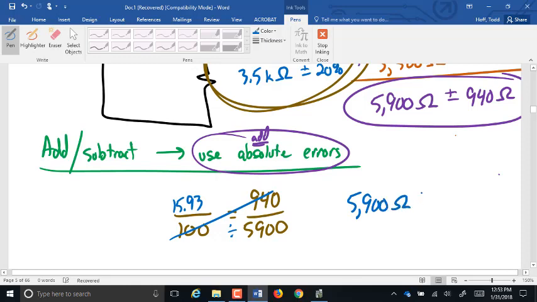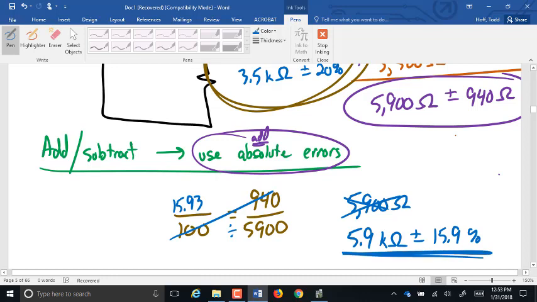So that's 5,900 ohms. Actually, I'm going to change it to be 5.9 kilo ohms plus or minus 15.9% is the total resistance. Most likely, you'd probably even just go to 16%. Does that make sense the way we did that?